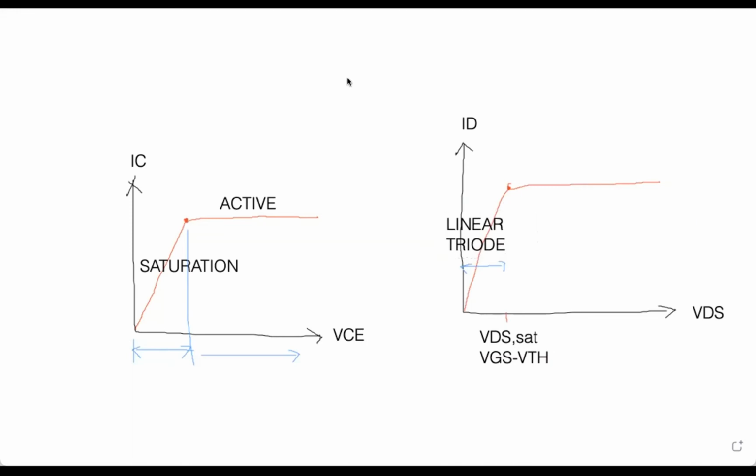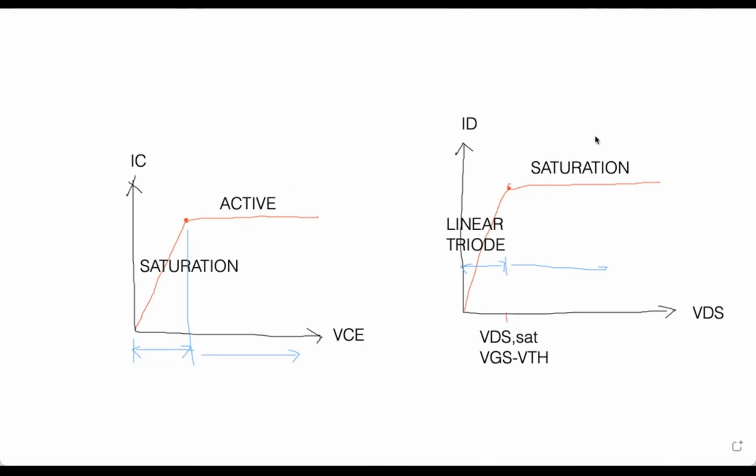All right, and then from the VDS saturation onwards, from this point onwards, that is what we refer to in the MOS transistor as the saturation operating region.